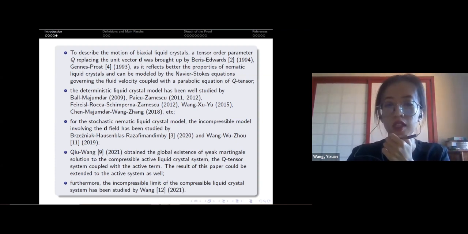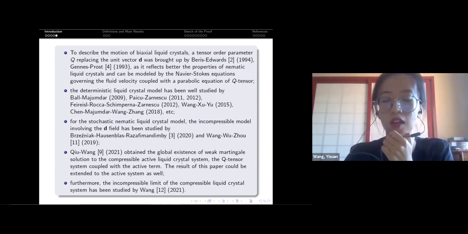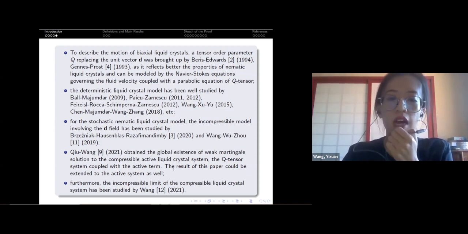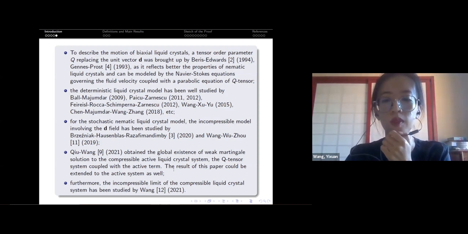The active liquid crystal system is very similar to what we are doing here, except that we have added another active term there. I would say the results of this paper can be extended to the active system as well.